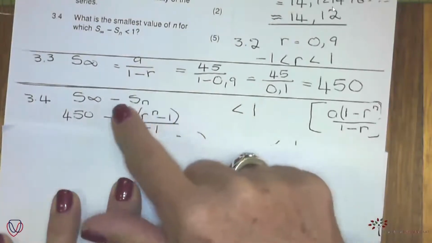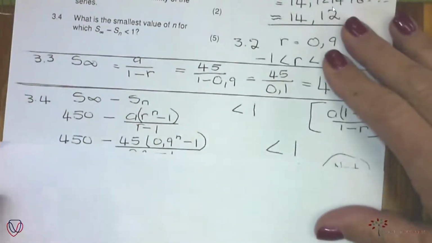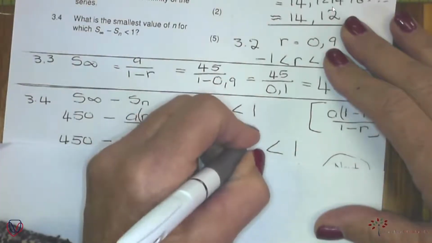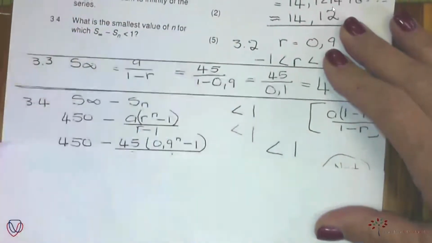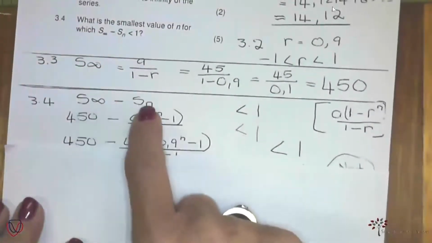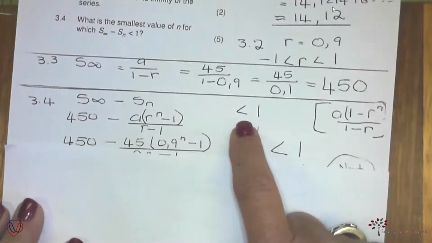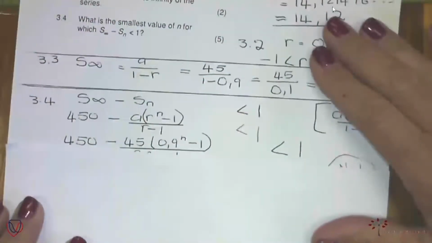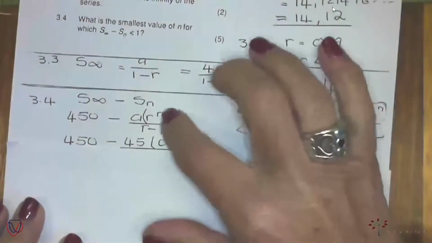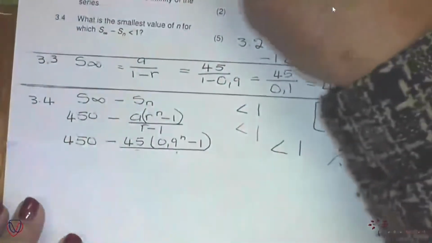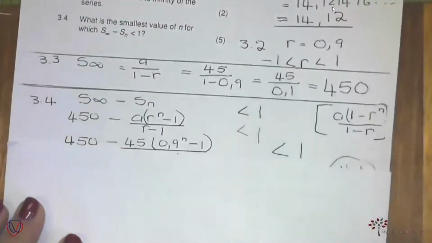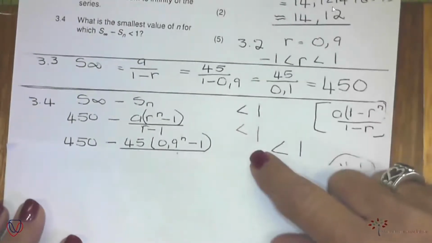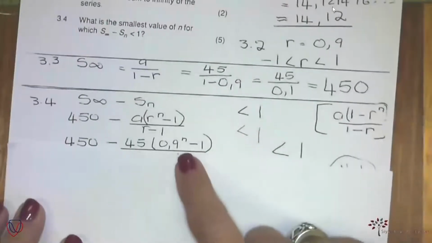And then we write the formula for the sum of that sequence, smaller than 1. Because they said, find n for this difference to be smaller than 1. So if you start there, you substitute, and then we find the sum of this up to n terms. We don't know what the n is going to be to give us a value smaller than 1. Right. So let's have a look.